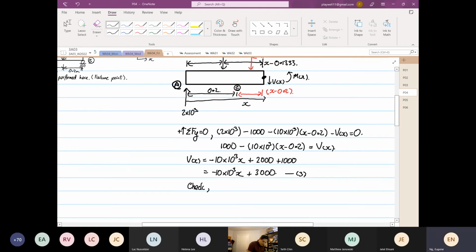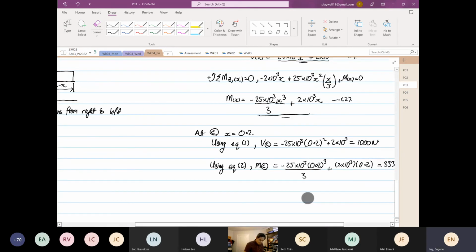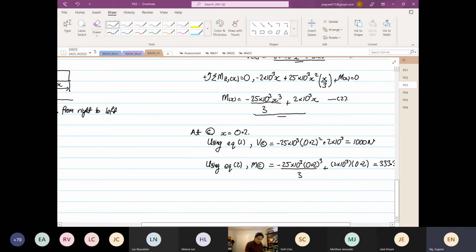The way we check is when x is equal to 0.2, v as a function at 0.2 should be equal to 1,000. Why is that the case? Because this is v at point C. We can check at point C, because for v at point C, equation number 3 and equation number 1 should give you the same value.